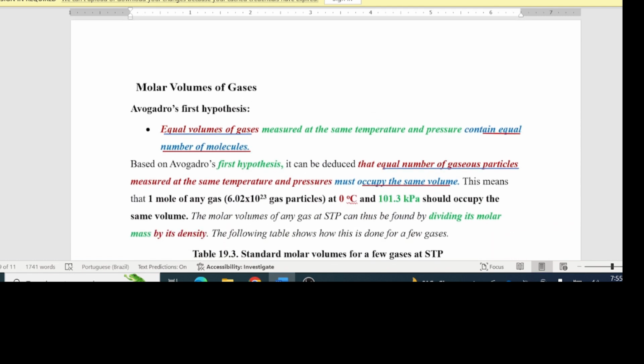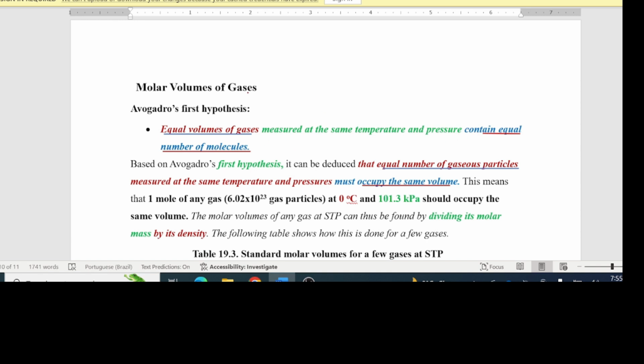We go back to Avogadro's first hypothesis. What did Avogadro say? Equal volumes of gases measured at the same temperature and pressure contain equal number of molecules.